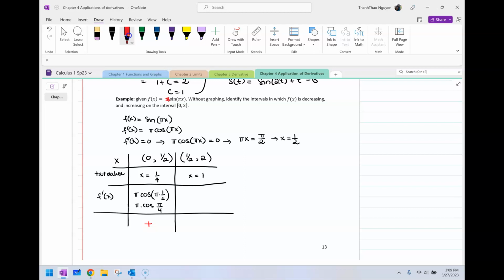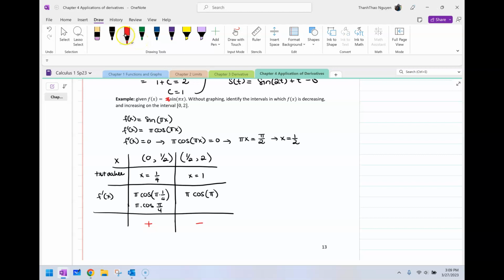f prime of x when x equals 1: here we have pi times cosine of pi. Cosine of pi equals negative 1. So this is negative pi, right? So in this interval, it is negative.